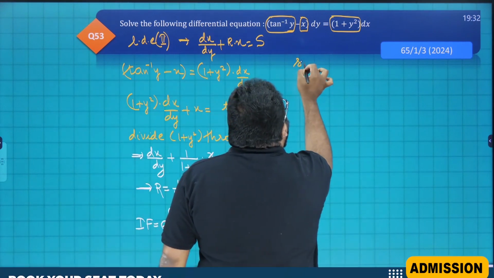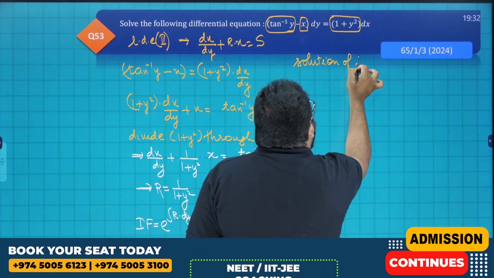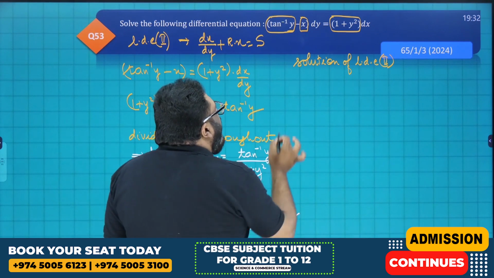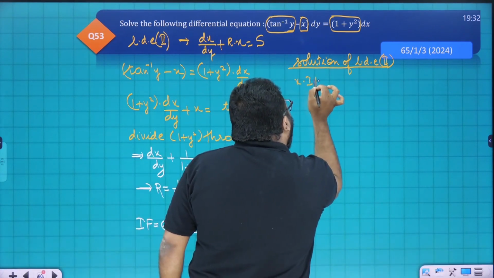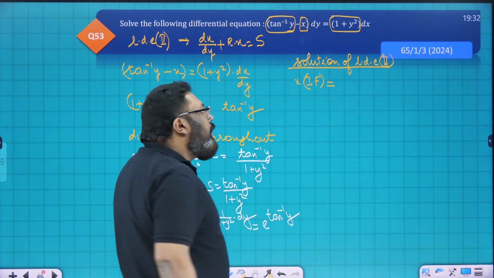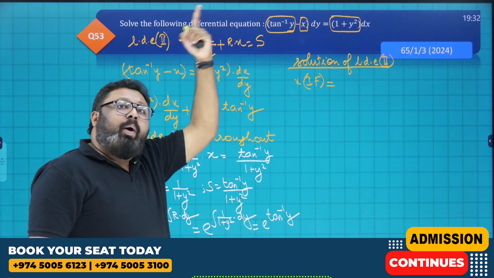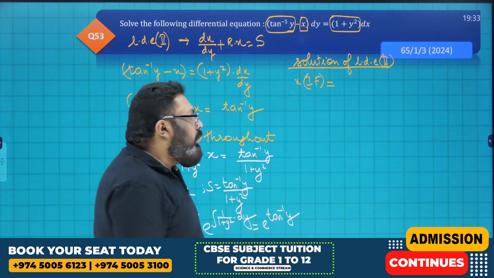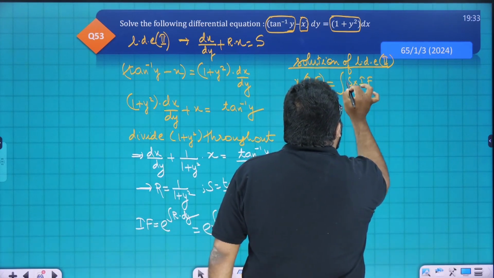Now what's the formula for the solution of LDE type 2? The formula, my dears, is x into integrating factor. Before it was y into integrating factor. This time it is x into integrating factor, because this is the single x. So x into integrating factor is equal to integral of s into integrating factor.